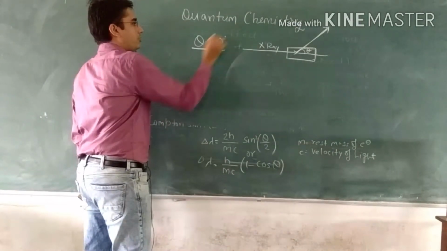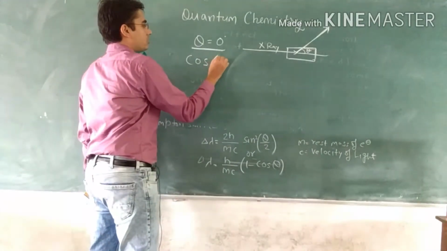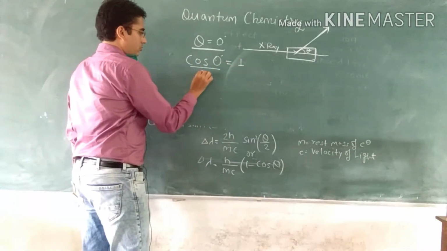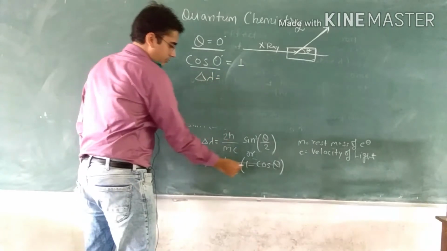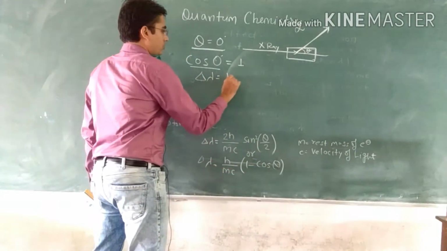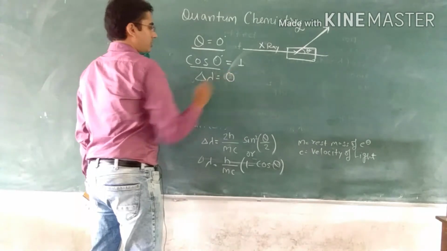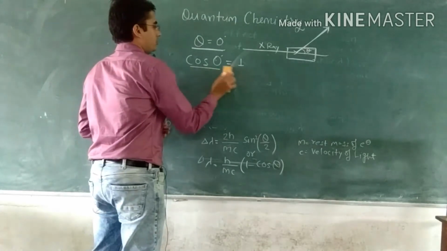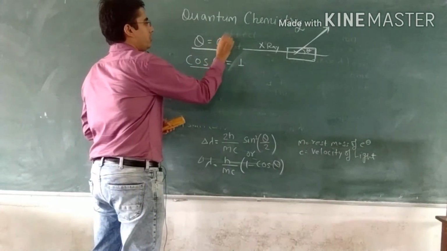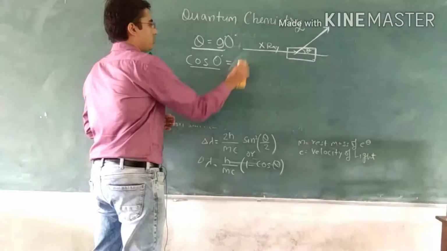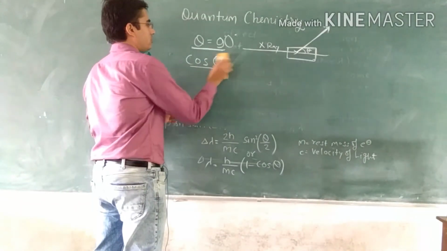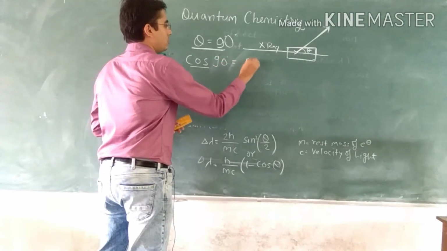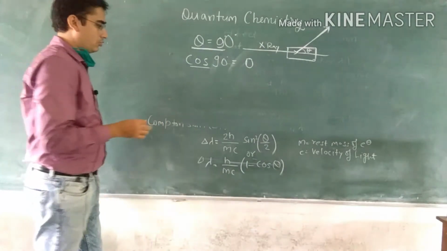If theta is 0 degrees, then cos 0 degrees is equal to 1. So delta lambda is 1 minus 1, which is 0. So delta lambda is 0, so the Compton shift is 0. When theta is equal to 90 degrees, then cos 90 degrees is 0.